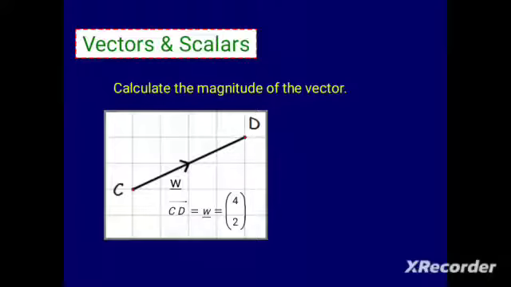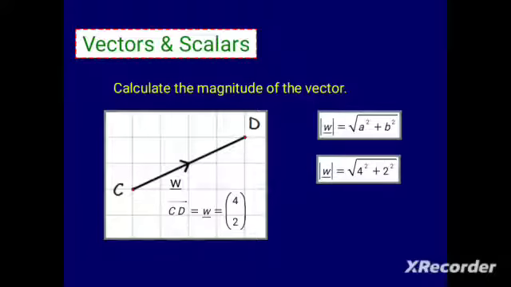Even how we write this, the magnitude is going to change. Now we have the magnitude of vector w equal to the square root of a squared plus b squared, because we have the value of a and the value of b, because they represent the coordinates given in the vector.